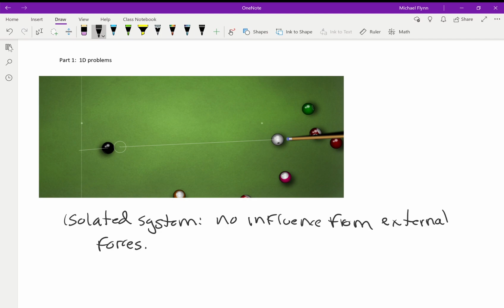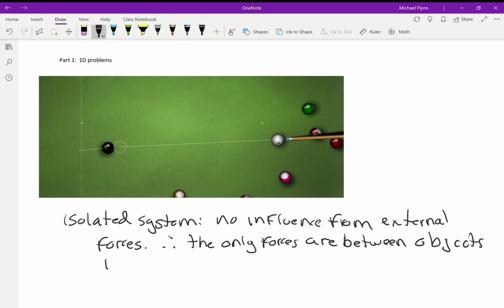Therefore, the only forces are between objects in the system.